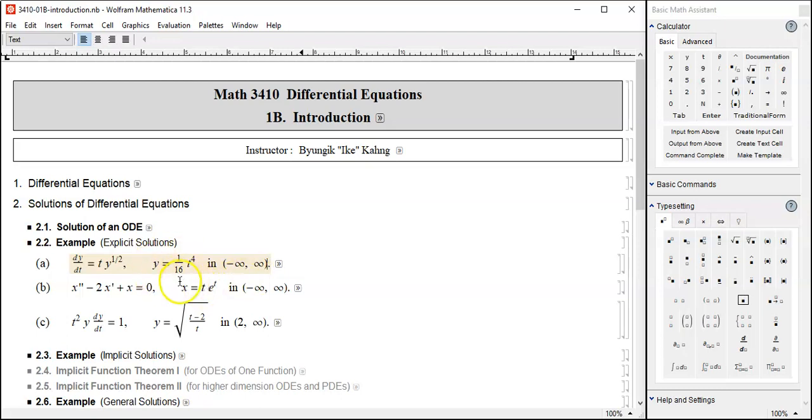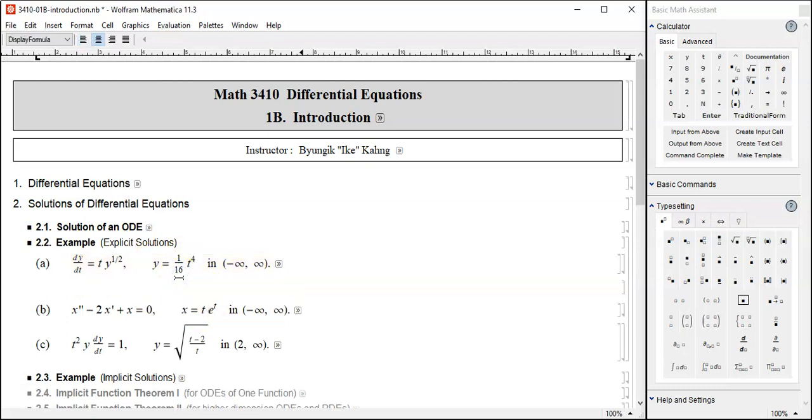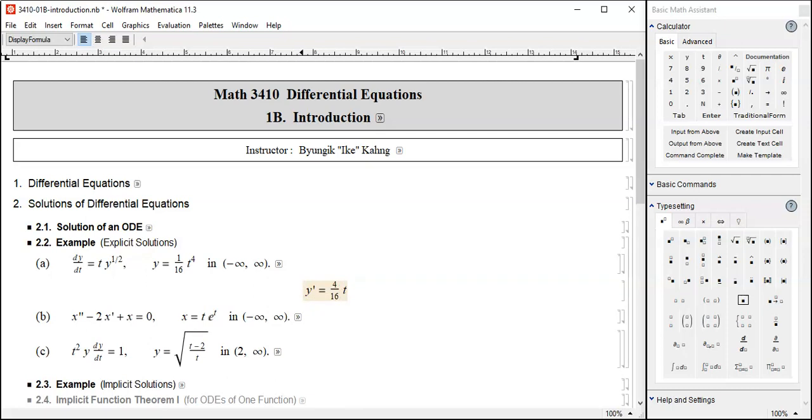So, is this really a solution? Well, what's the derivative? Derivative is 4/16 t to the 3rd power, right? And 4/16, that's nothing more than 1/4. And then t to the 3rd power, but you see, you have t times something, so let's rewrite it like this. Let's put some more space in between.